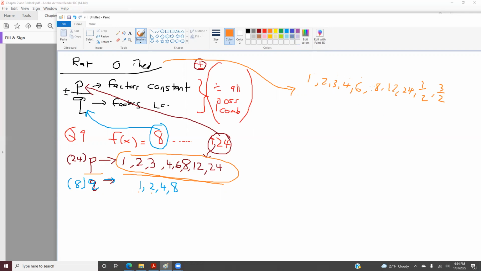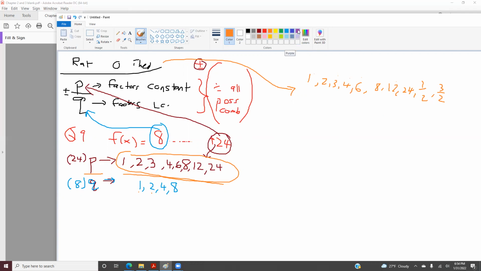And 24 over 2 is 12, which we also have. So the only things that we don't have when you divide by 2 are 1/2 and 3/2.